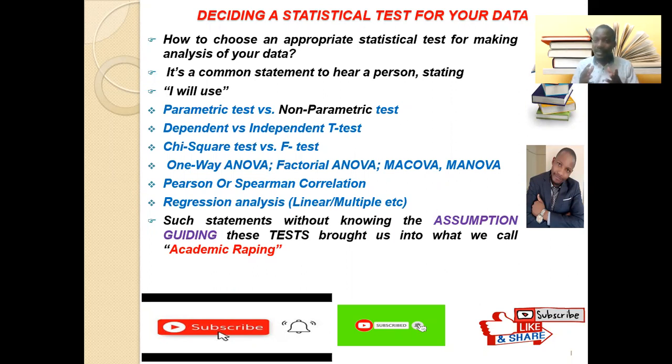So they state such statements without even knowing the assumptions behind a particular test. It is very important to understand this before you decide on a particular test for your data. Stating this without knowing the assumptions or conditions that apply to a statistical test is what can bring you to what we call academic wrapping.